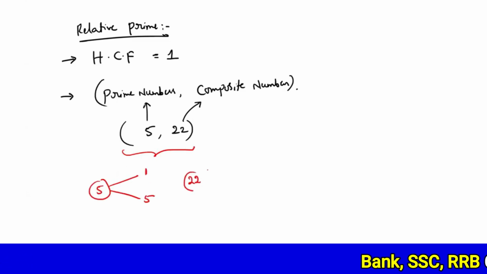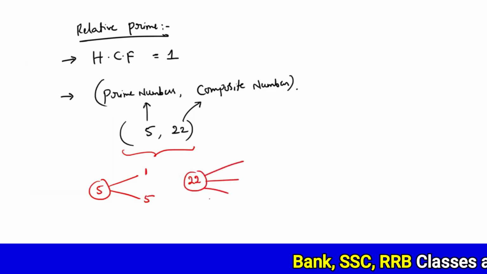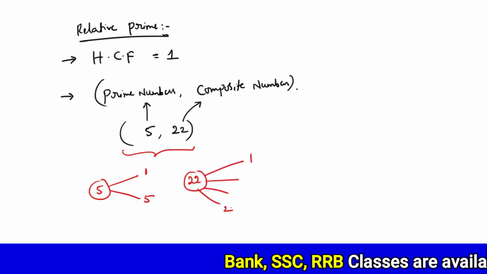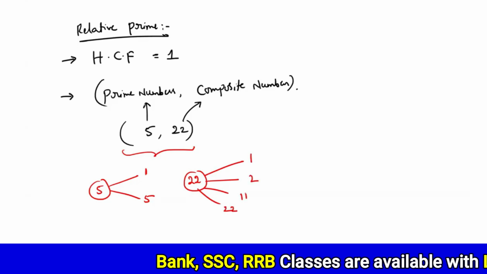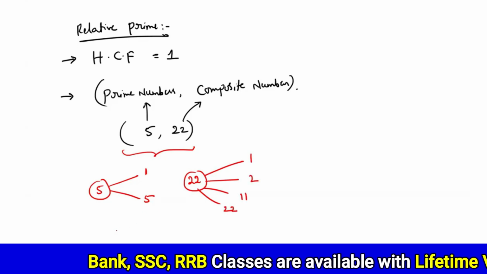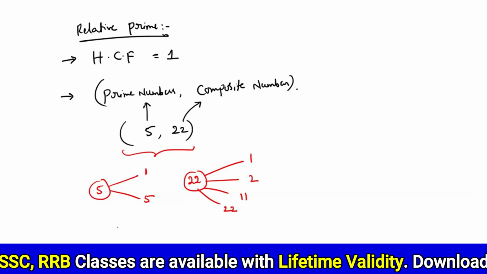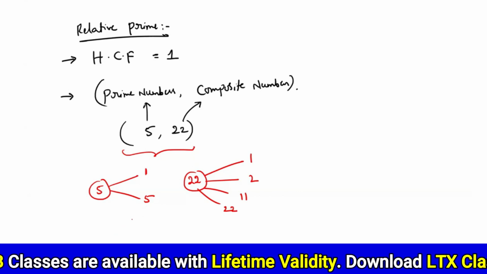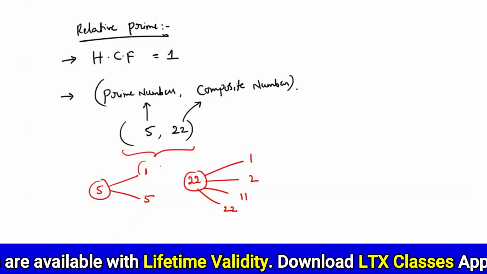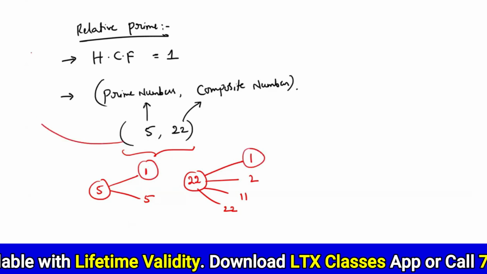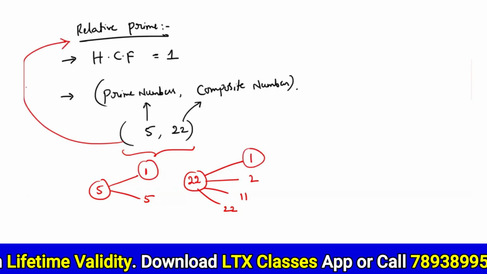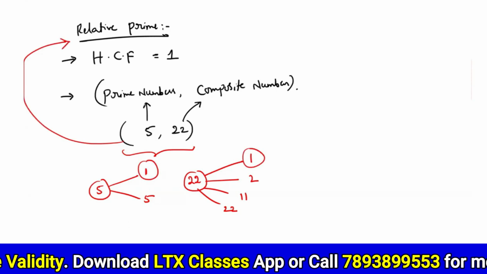For 22, the factors are what? 1, 22, 2 and 11. Can you tell me out of all these factors, what is the common factor? 1, sir. Yes, 1 is the common factor. If 1 is the common factor, obviously this pair will be considered as relative prime. That is what I am saying.